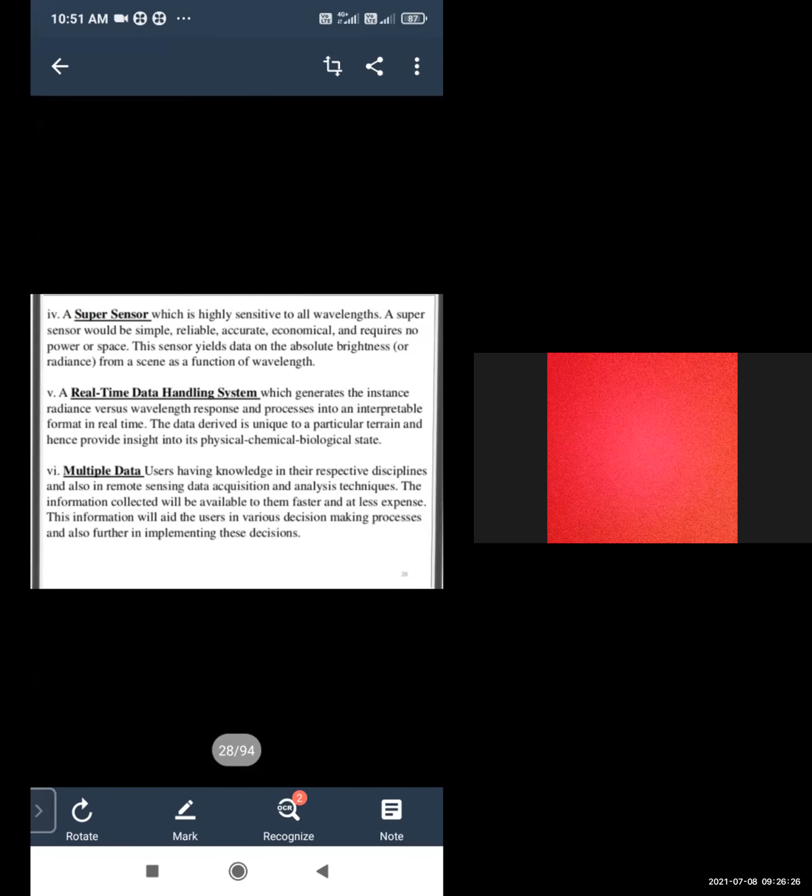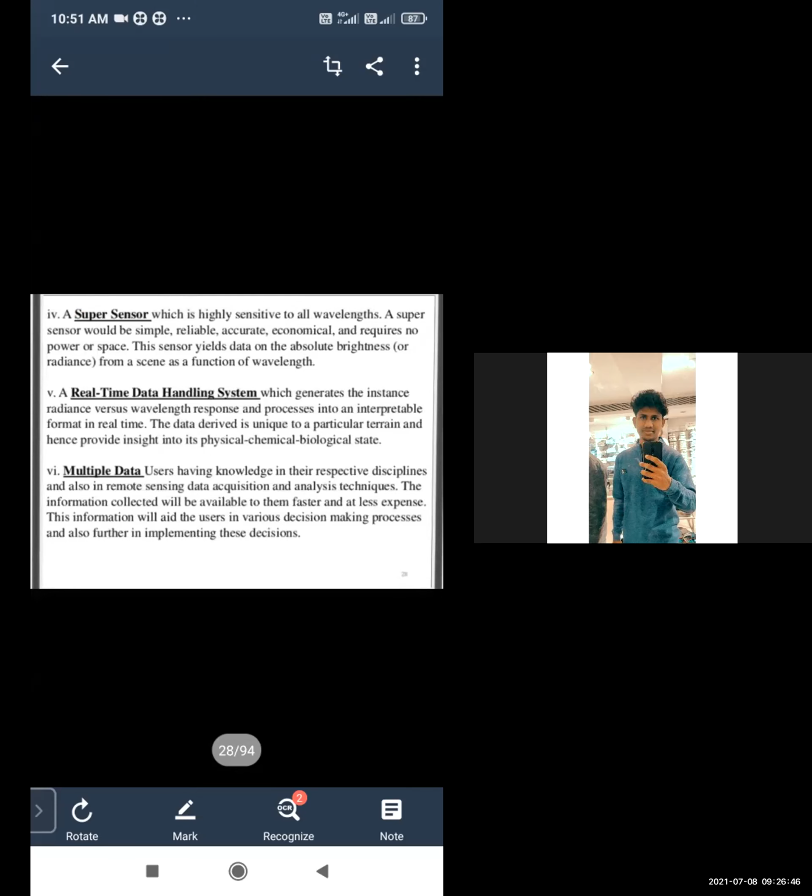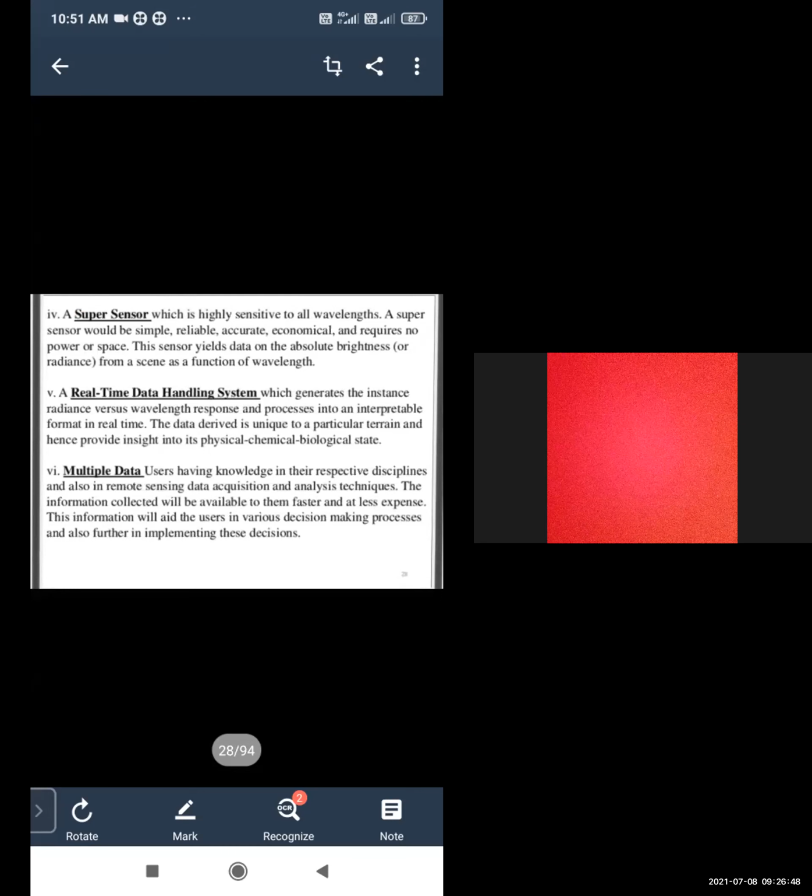So a super sensor is highly sensitive to all wavelengths, and a super sensor would be simple, reliable, accurate, economical, and also require no power or space. This sensor also yields data on the absolute brightness or radiance from a scene as a function of wavelength.